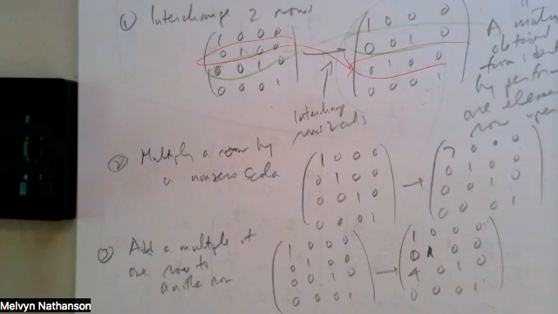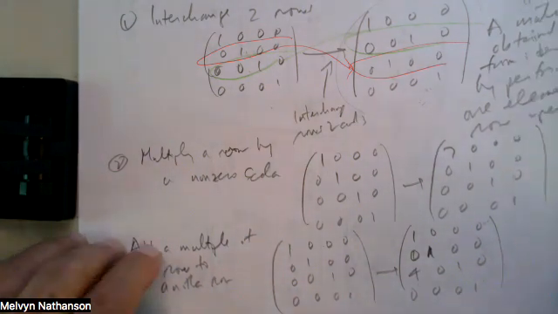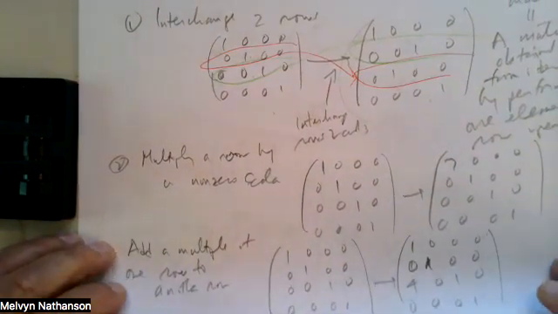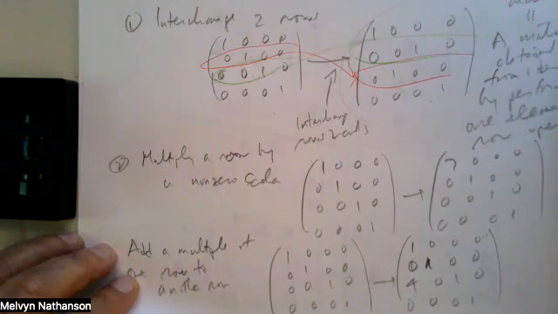And you can write down every elementary row operation on an arbitrary matrix by multiplying that matrix on the left by an elementary matrix.